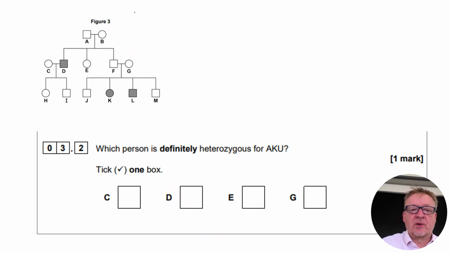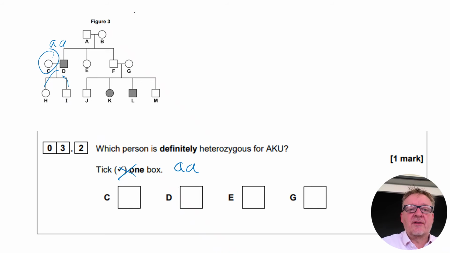We look at C. We don't know if C is heterozygous. D must have little a and little a, which is the two recessive alleles, and therefore H and I will be heterozygous, but that isn't an option. D is definitely not because D has got it, so they will be homozygous recessive.